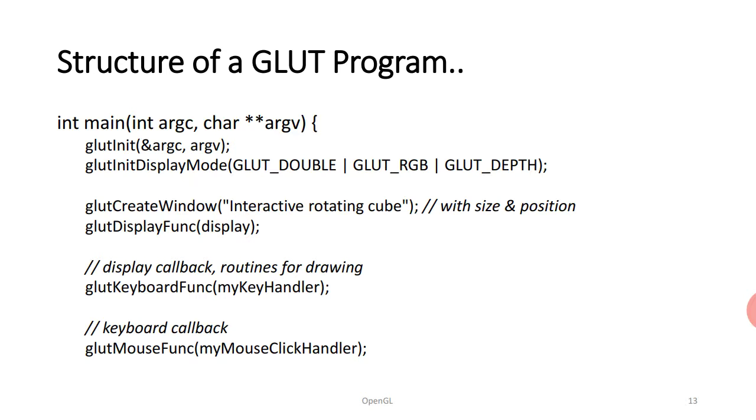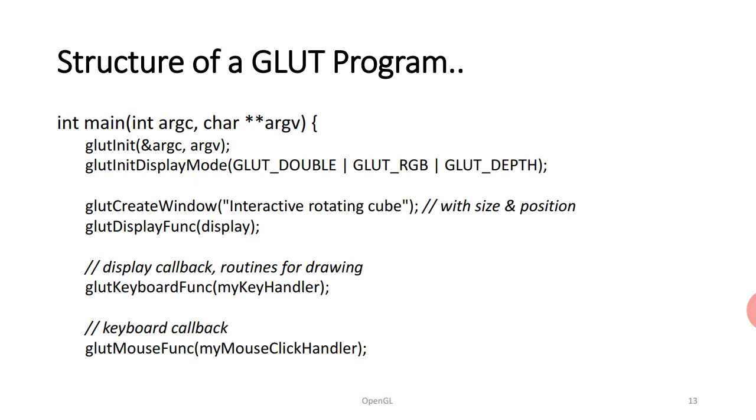This is actually the name of our function, which is going to display what shape we want to draw, for example a line, triangle or polygon. So the glutDisplayFunc function takes the parameter display, which is the function called for drawing the shapes.